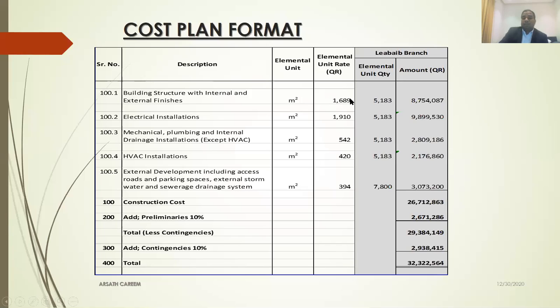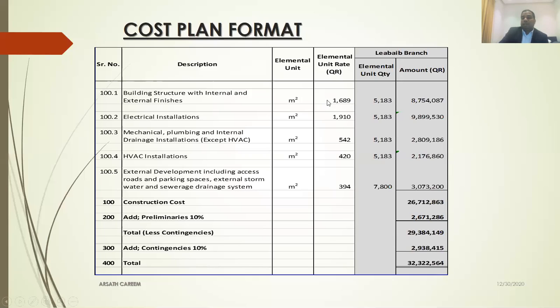This estimate is cost per meter squared. I used the superficial method. This is the elemental unit rate for my project for these items. How did I get this rate? You say from the preliminary estimate.